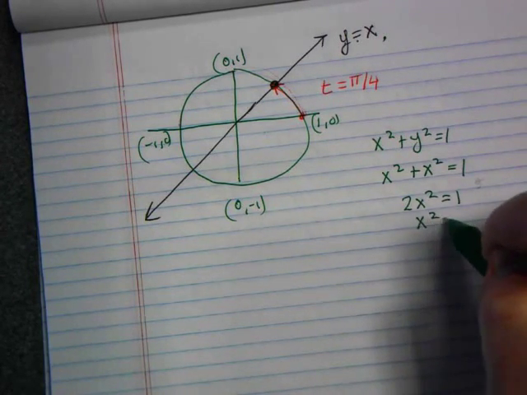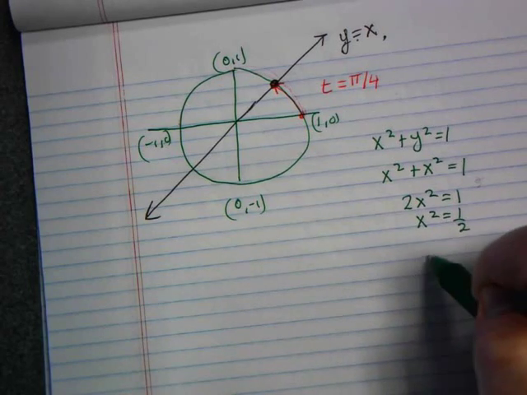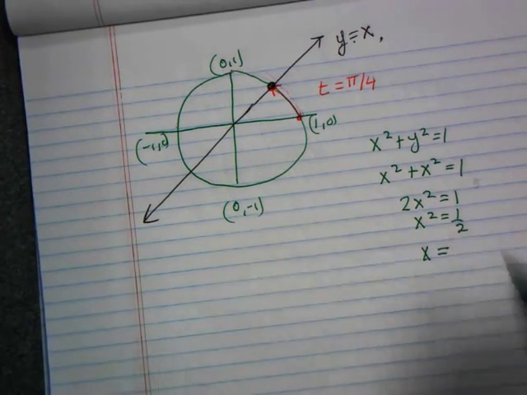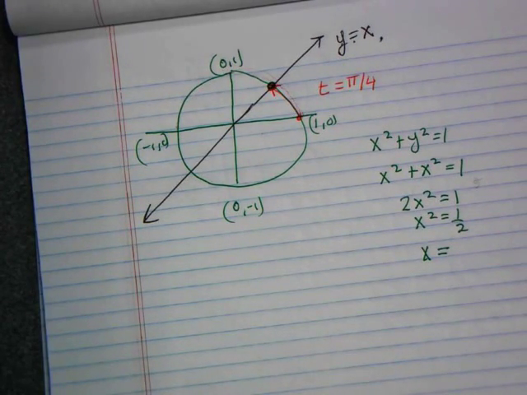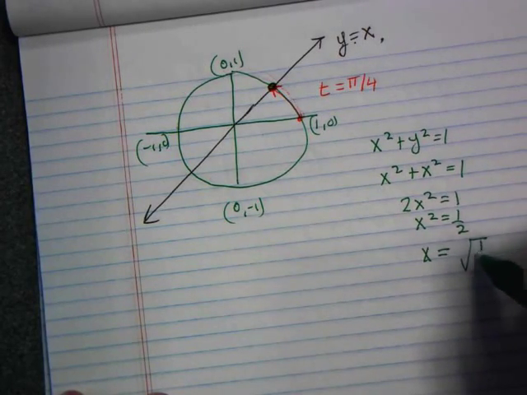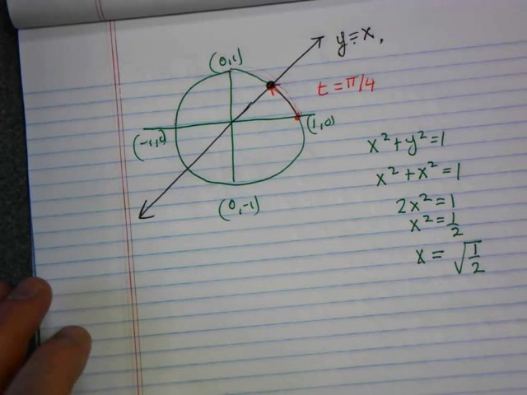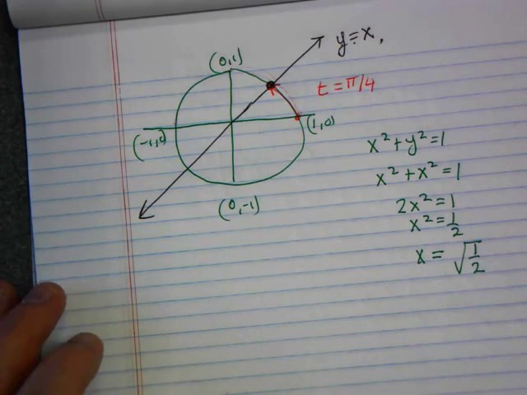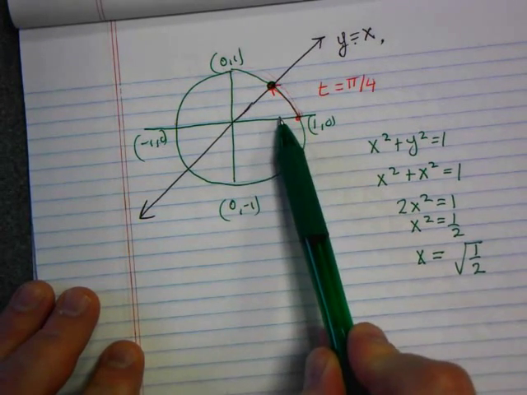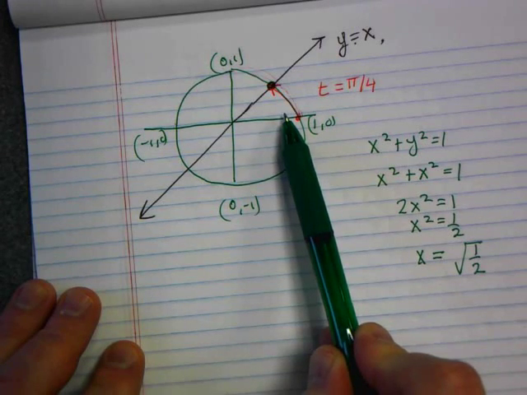So x squared is a half. So x is the square root of 1/2. And I'm only using the positive square root. How come I'm only using the positive square root? Because I'm over here in quadrant 1. Over here in quadrant 1, x is always a positive number.